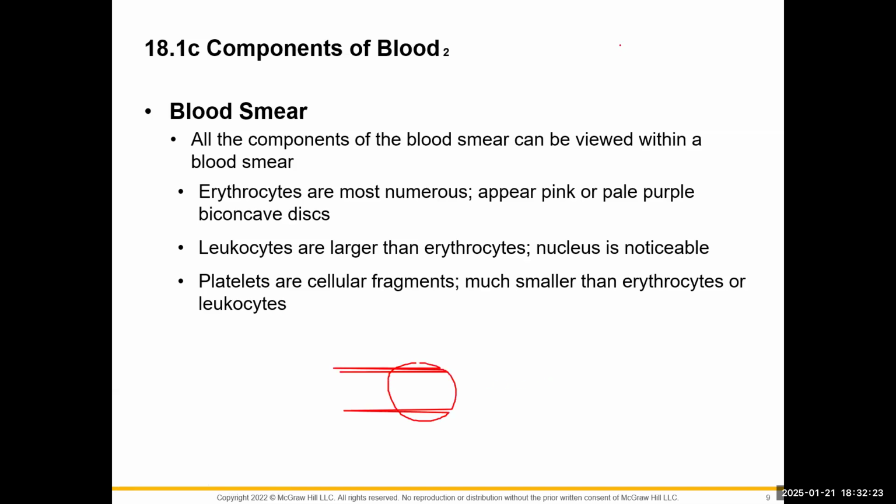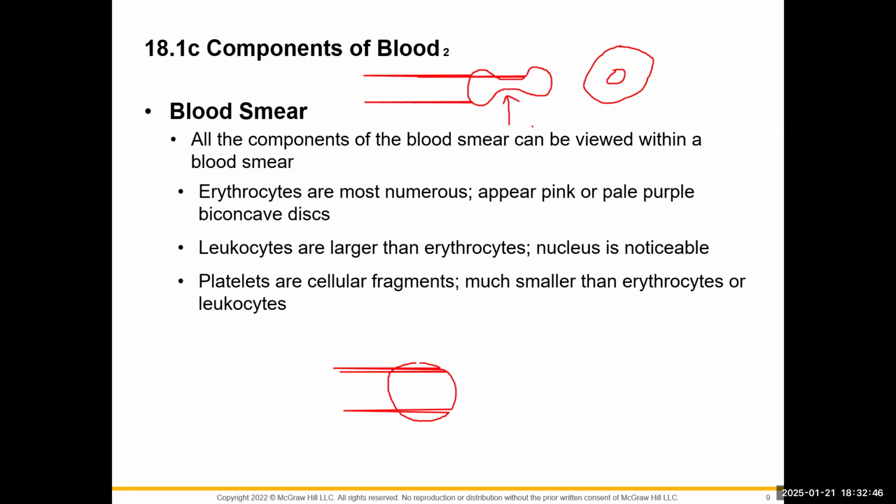I hate when it does that. All right, so there's an erythrocyte. In the center, it'll look kind of pale because it's thinner there. So when you look at the erythrocyte from the side, it's going to look like this. And you can see here in the middle, it'll be more pale, and that's because it's thinner.